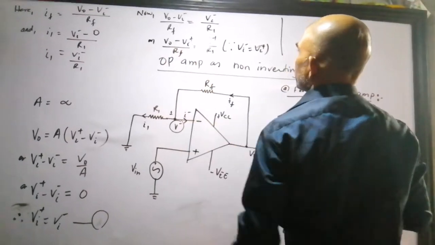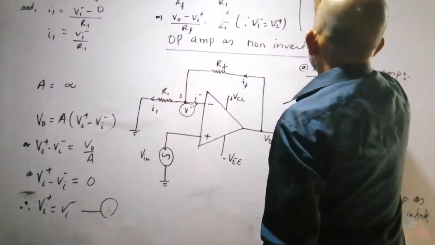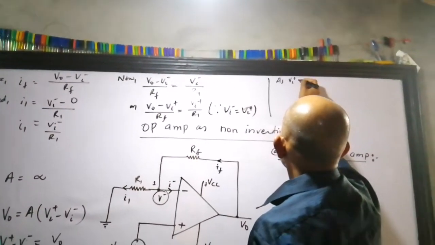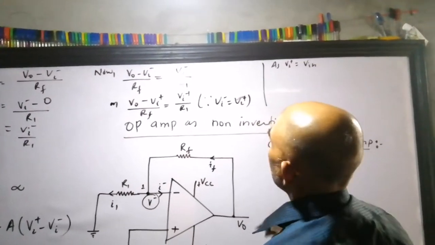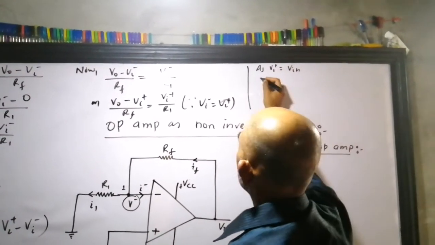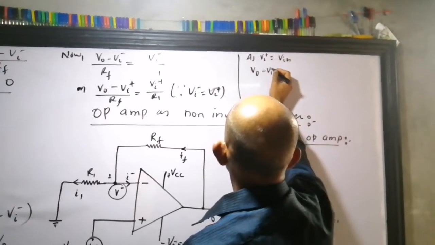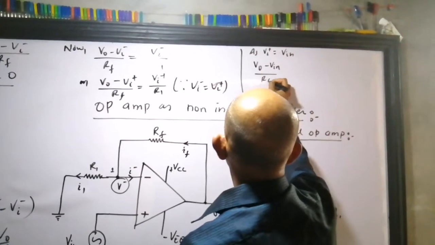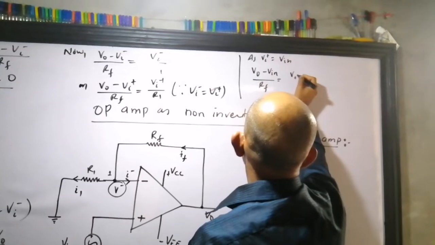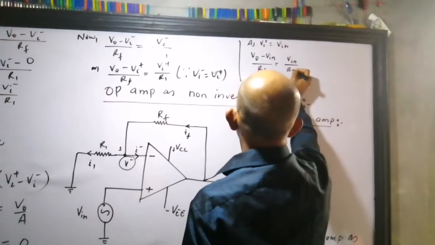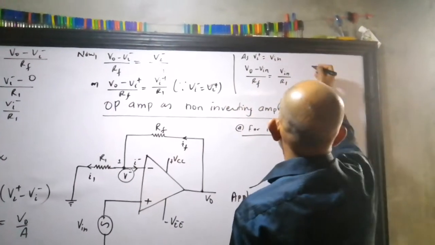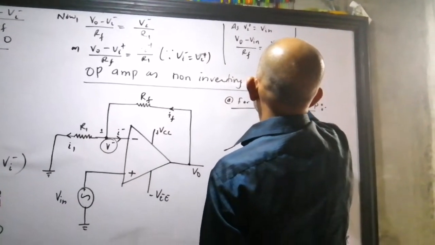Next, what can we do? We will solve this equation, as Vi plus is equal to Vin. So I can write also Vout minus Vin upon RF equals Vin by R1. So let's solve this. Now if I solve, then what happens?